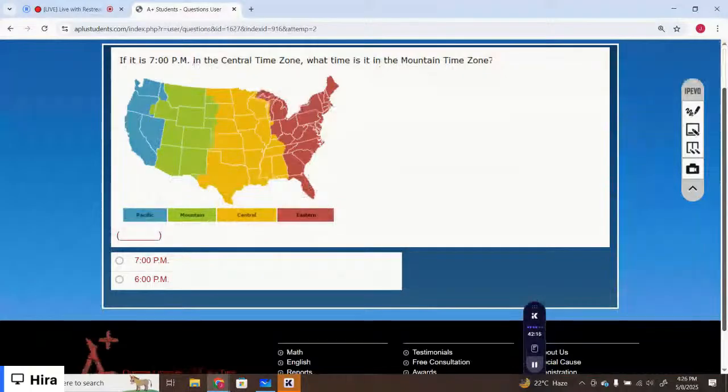Mountain zone is 1 hour behind the central zone. That is 6 p.m. Option number two is the correct option.